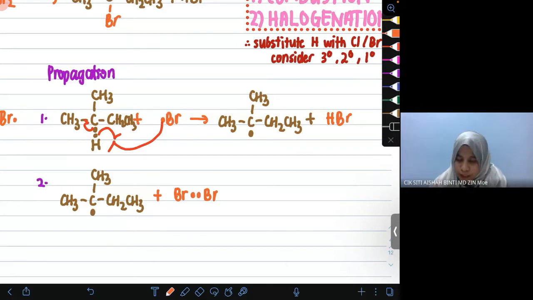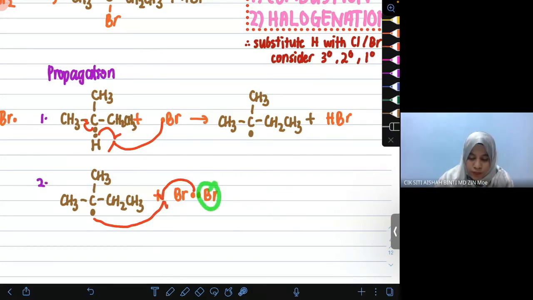So in this case, what will it take? Where does this one go? It goes here. So, a curved half-headed arrow, and it will take one of the bromine as well as the electron. It snatches it. One curved half-headed arrow. When this one comes, the bond splits up, and the other electron goes back to the bromine.